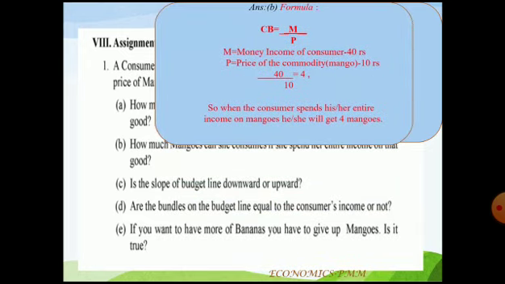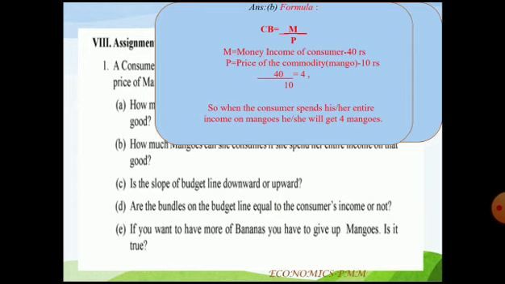Then what is the money income of the consumer? It is 40 rupees. And what is the price of the commodity, mango? It is 10 rupees. So substitute the values, 40 divided by 10. What answer will you get? You will get 4. Therefore, when the consumer spends his or her entire income on mangoes, he or she will get 4 mangoes. So this is about your calculation of the 2 questions.